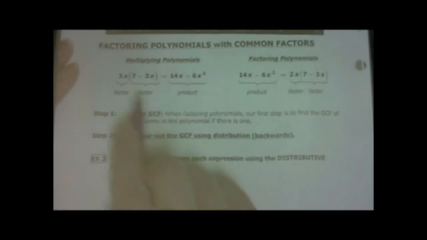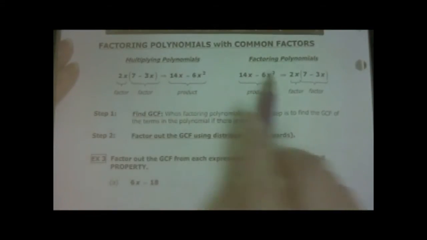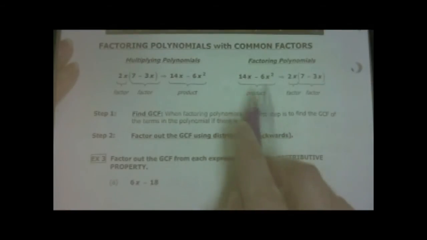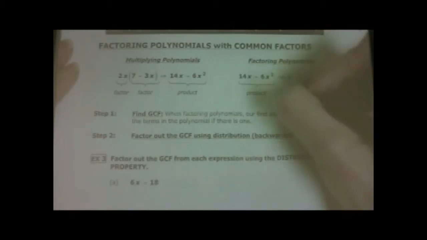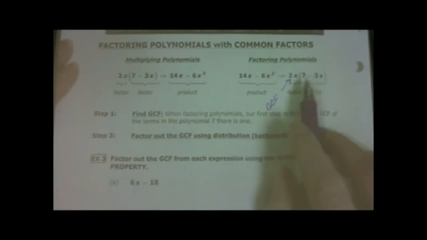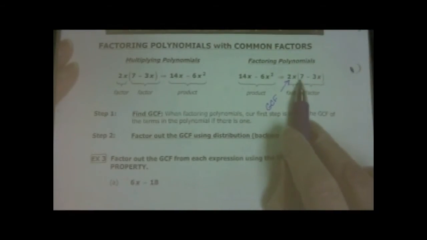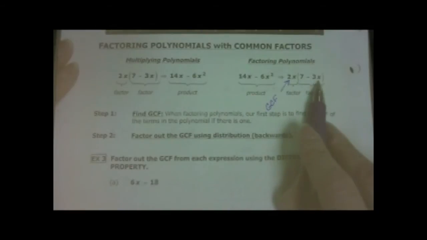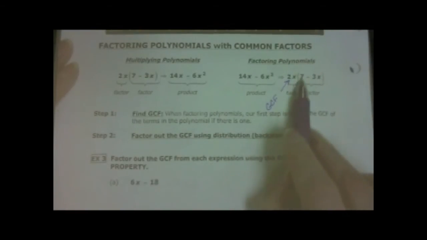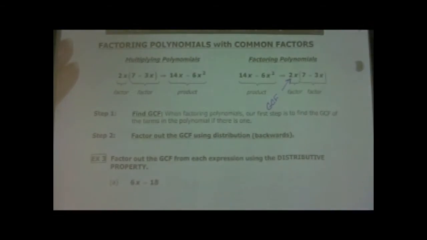This is multiplying or distributing. If I go in reverse, I'm starting with my product. I'm going to find my greatest common factor. That goes here. And what's left after I pull out my greatest common factor? That goes here. Because when I distribute it, I get what I started with. That's what we're going to do next.